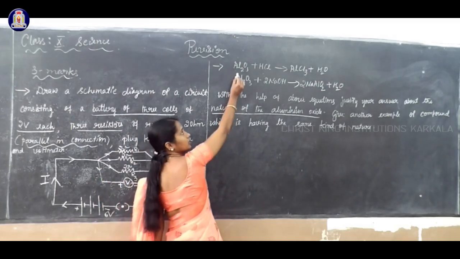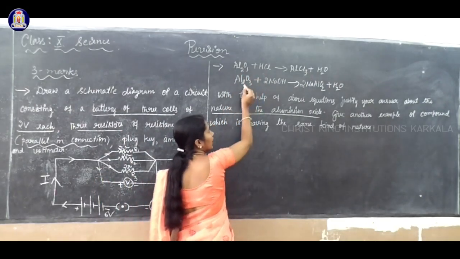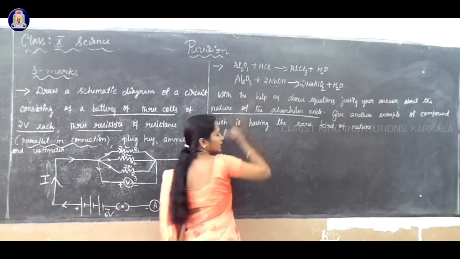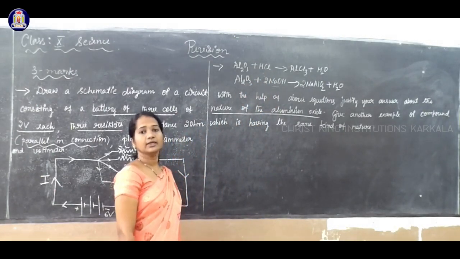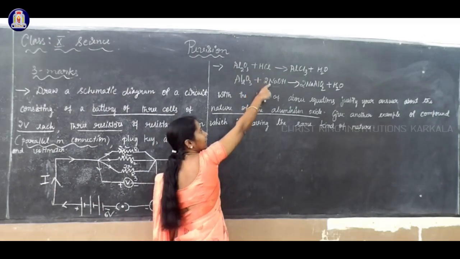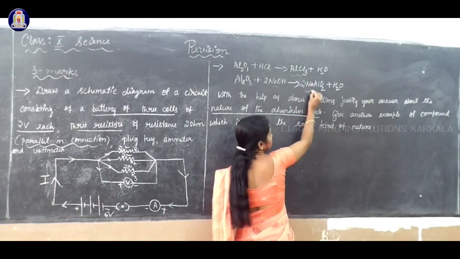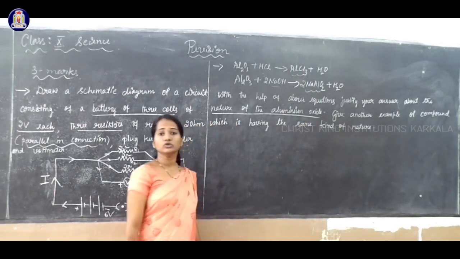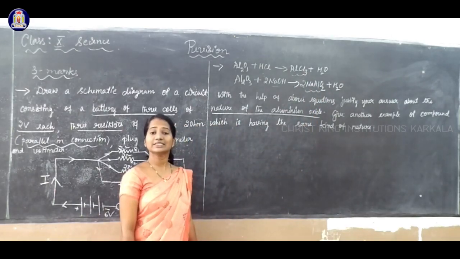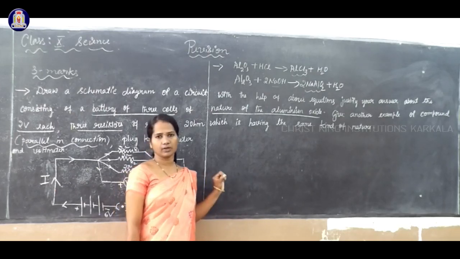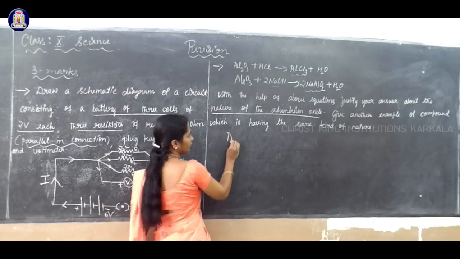So aluminium oxide reacts with the acid, and it reacts with the base, to give salt and water. This type of compound we call an amphoteric oxide.